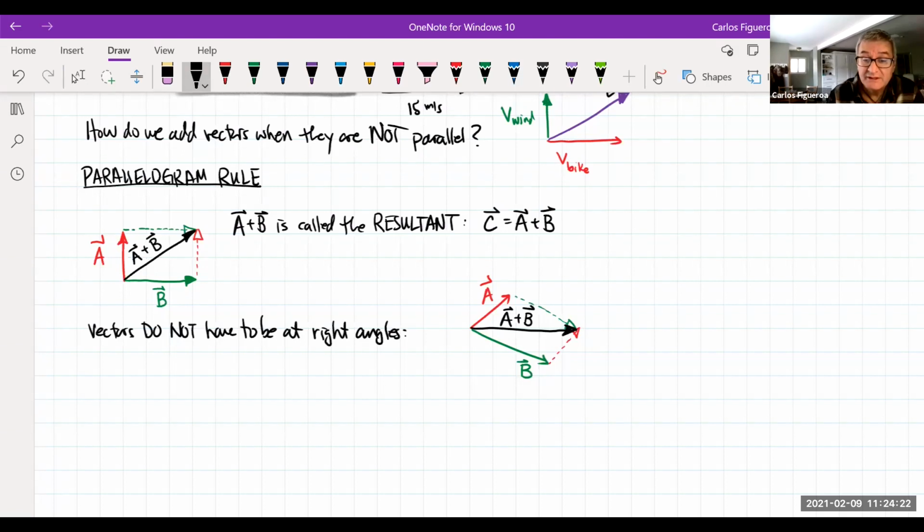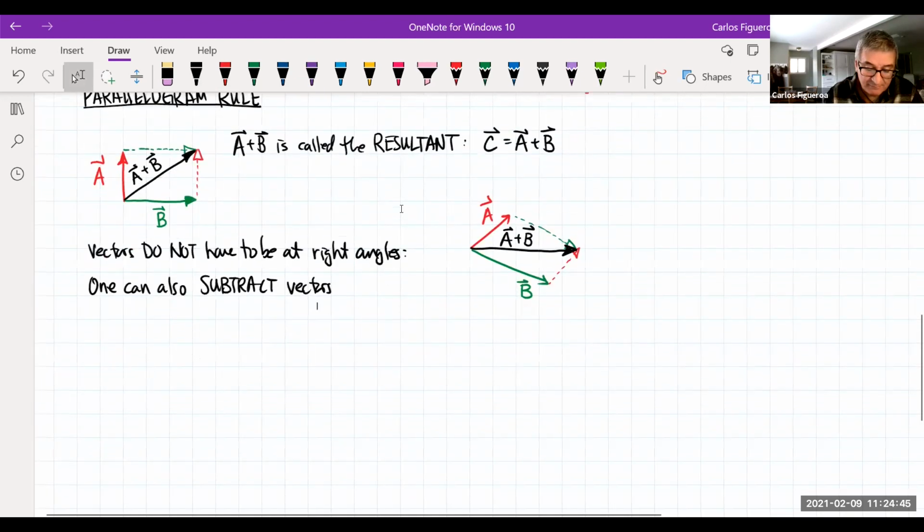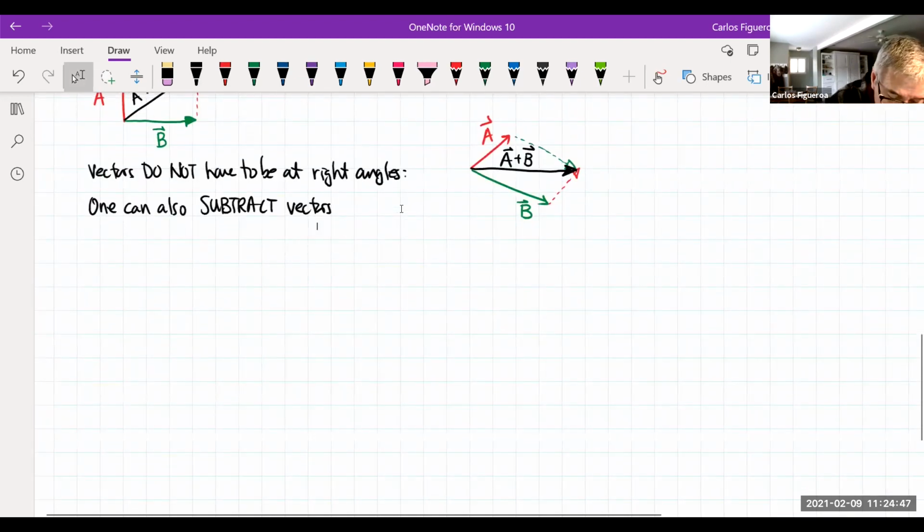Now, let's say that we can also do subtraction of vectors. That's how we add two vectors. One can also subtract vectors. And the way we subtract vectors is we actually add them. So imagine that I want to subtract two vectors.